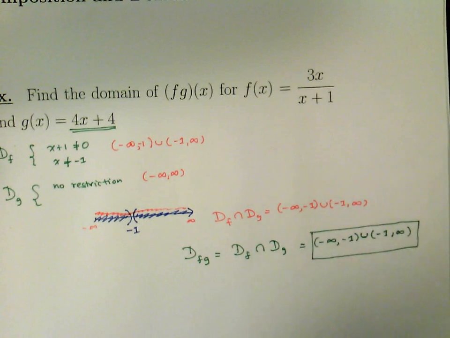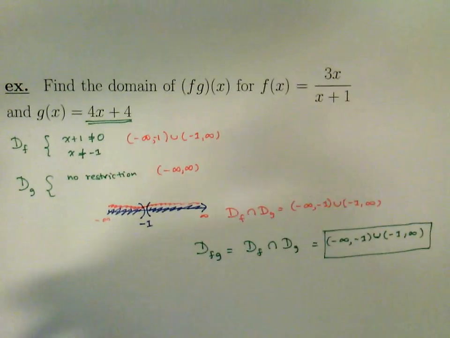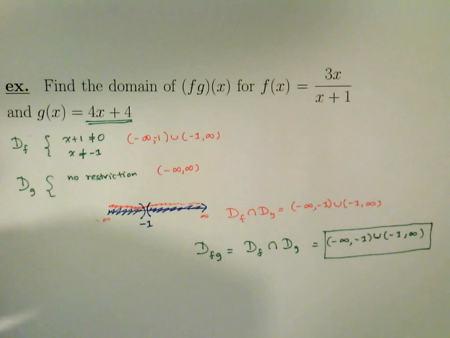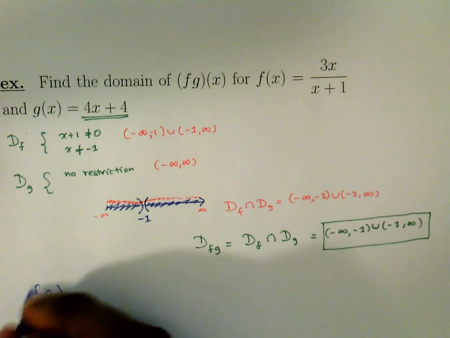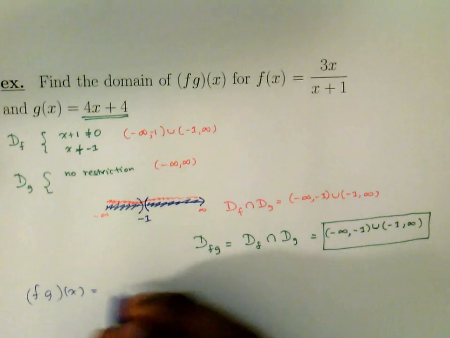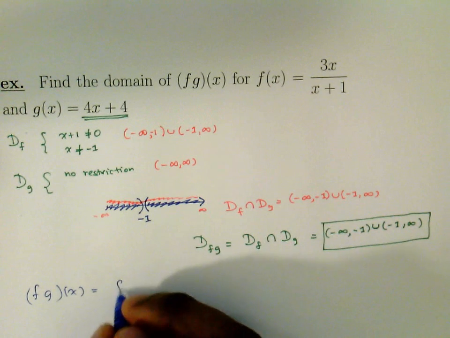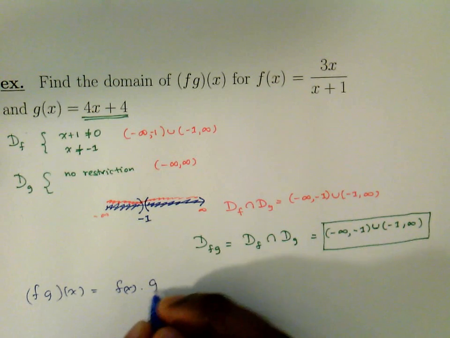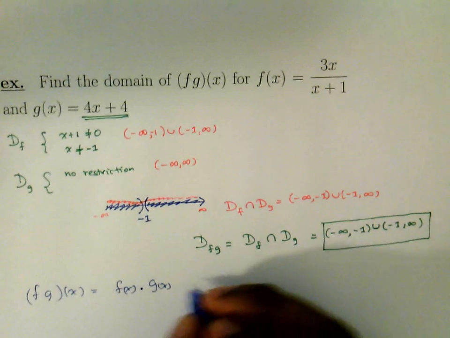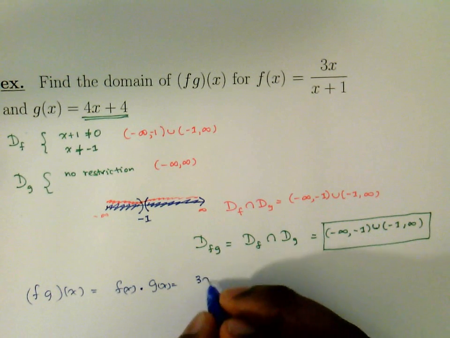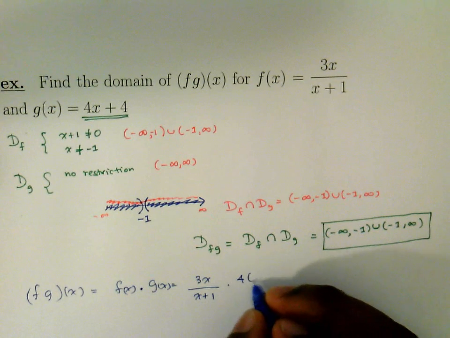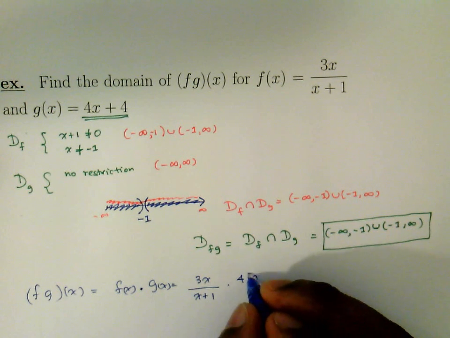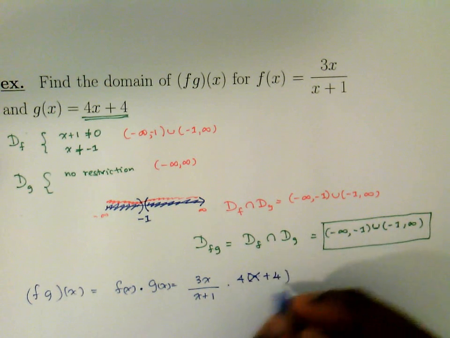So the question was find the domain. I found the domain, but let me just look at the actual product. f times g of x is just the product, f of x times g of x. f of x is 3x over x plus 1 and g of x is 4x plus 4.